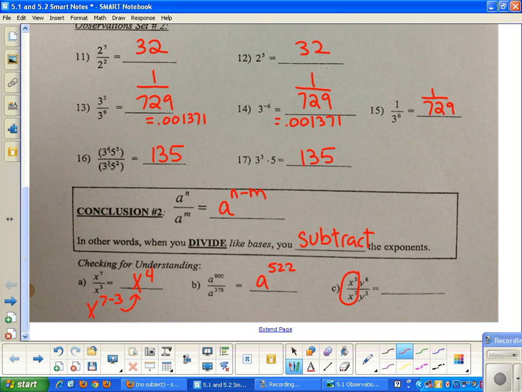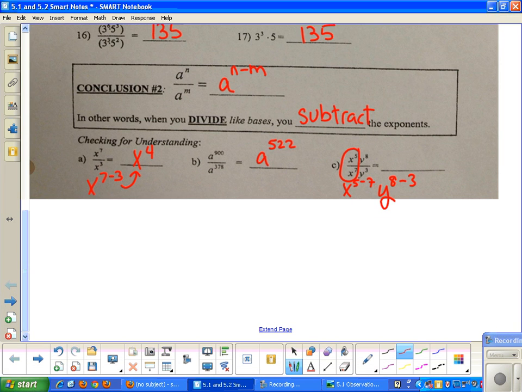And then for the last part, I have my like terms right here, so I'm going to subtract those exponents. That would be x to the 5 minus 7, and then I'm going to do the same thing with the y's, y to the 8 minus 3. When I do this, I end up with x to the negative 2 power times y to the 5th. We're going to learn in a little bit that we would not leave our answer like this, because we don't like to have negative exponents.